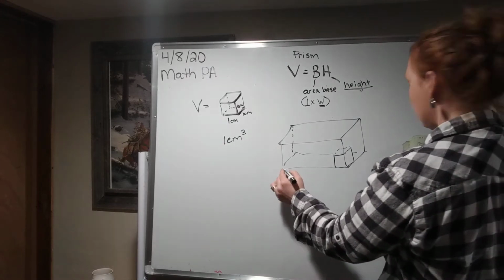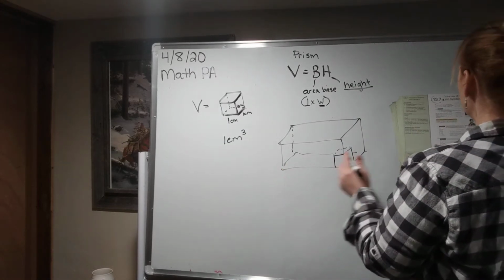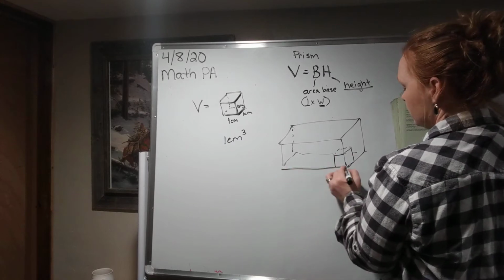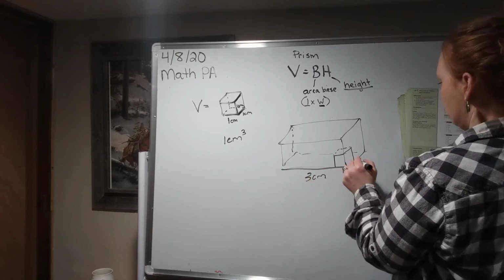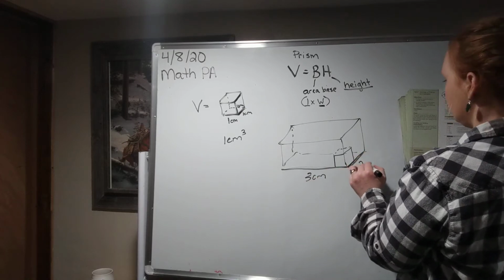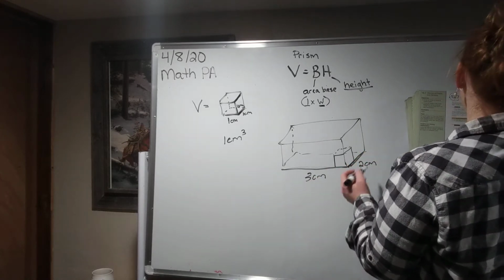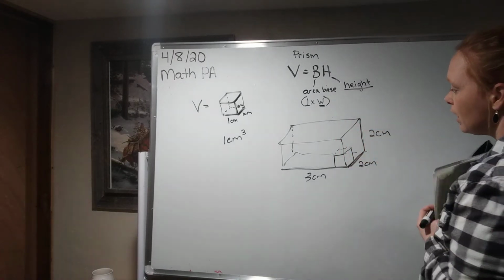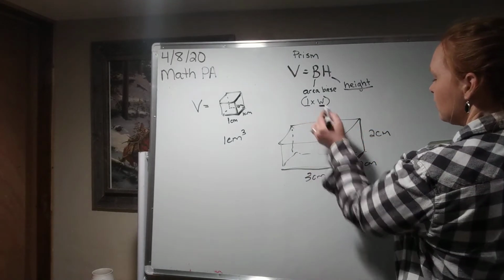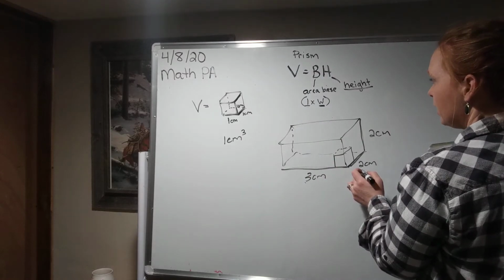In our picture, we see that the length is 3 centimeters, the width is 2 centimeters, and the height is 2 centimeters. So I'm going to take my length and my width. 3 times 2 is what? 6.